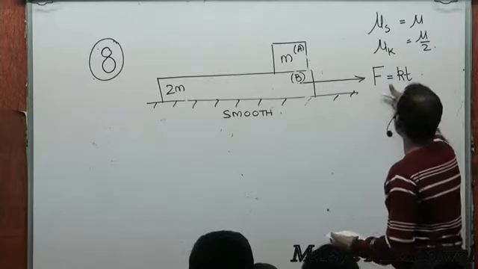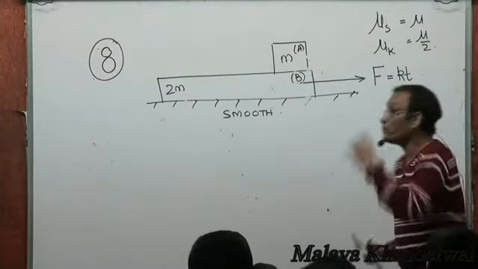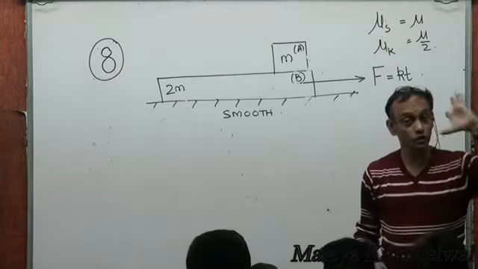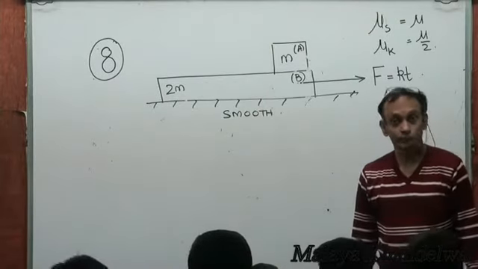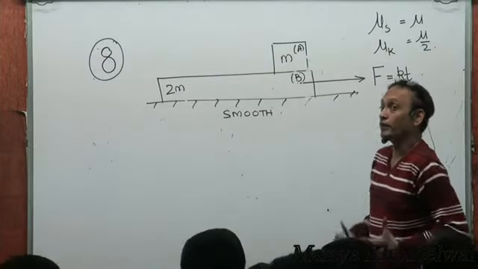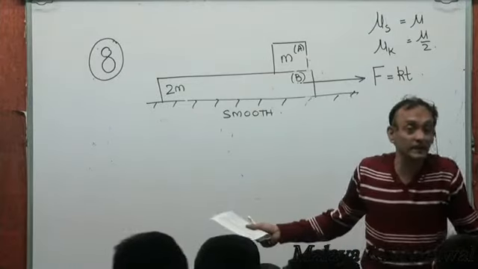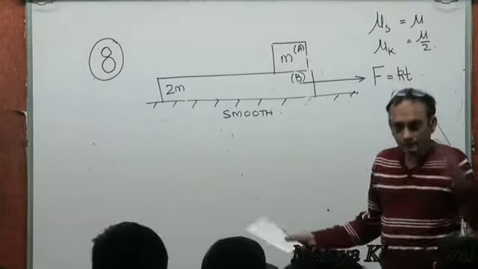Now, this force is applied. The upper block will be driven by friction alone, right? The limit on the upper acceleration of A would be determined by the maximum static friction that B will exert on A, right?